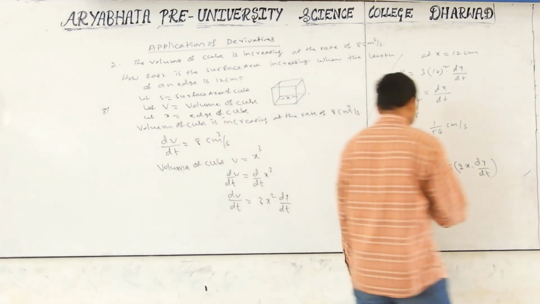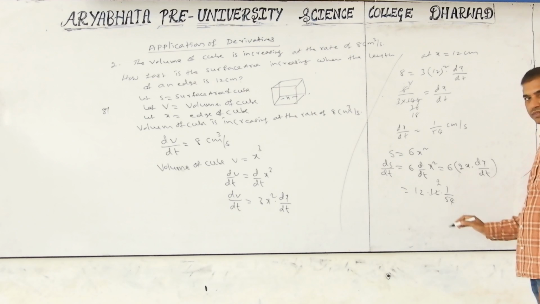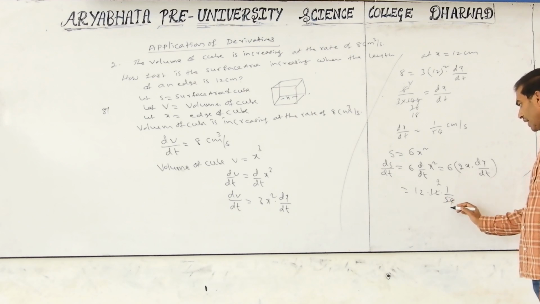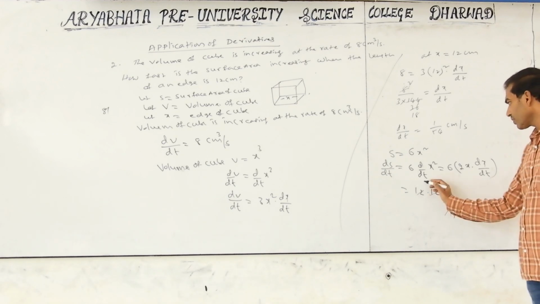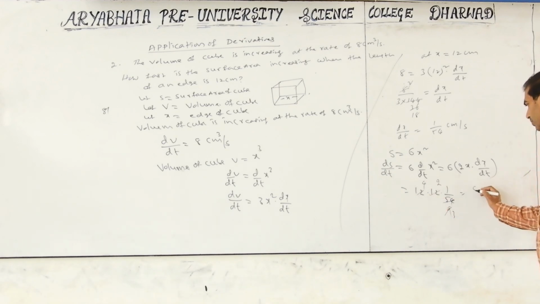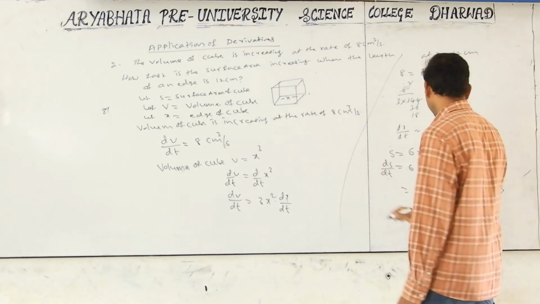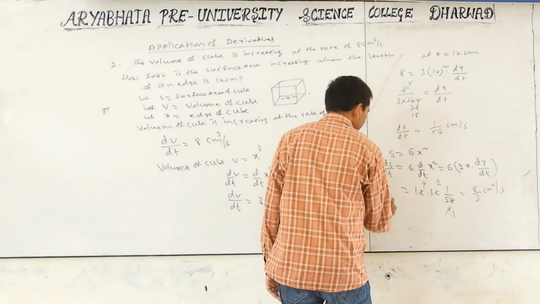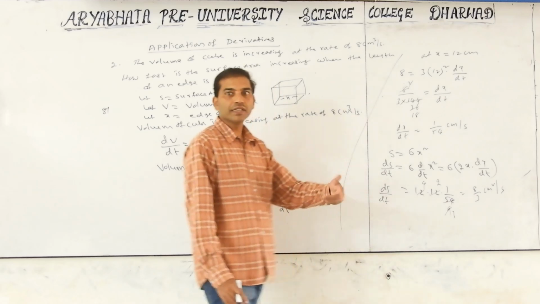By cancellation, 6 2 is 12, and 6 9, 3 3 is 9, we get 4 into 2, which is equal to 8 by 3 centimeter square per second. The units are given in centimeters for dx by dt. So dx by dt we got is positive here. Positive means increasing or decreasing? Increasing.